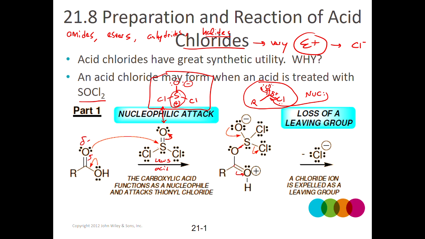If these swing out, it gives a positive on the carbon. So these can also swing in here. Should be an extra lone pair here. Those can also swing in, and so that positive actually exists on both these oxygens as well as on the carbon. So that really helps to stabilize that intermediate.